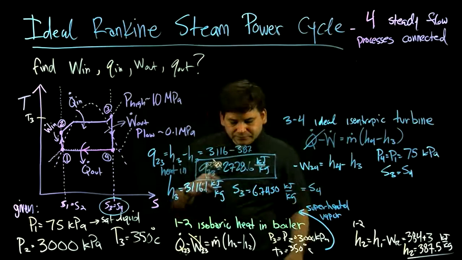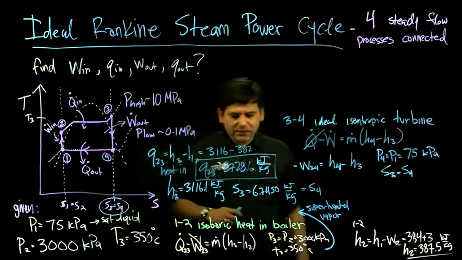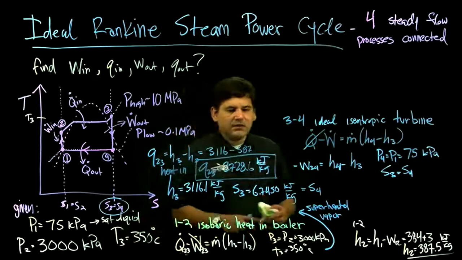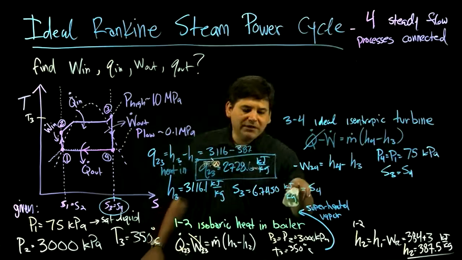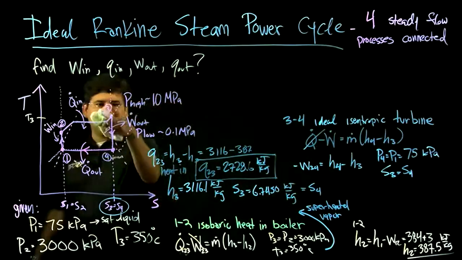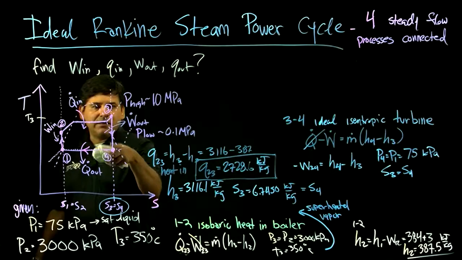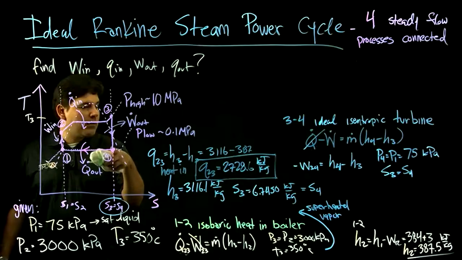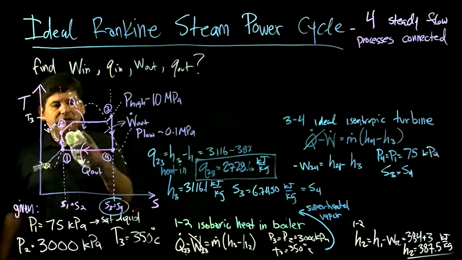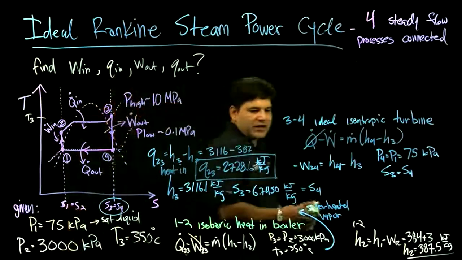So the way that we're going to use this is that's our first connection into state 4. We know that the entropy has to be the same as state 3. This value on the superheated steam table allowed us to find S3, and that has to be the same as state 4. But the difference is that S4 might be at a different state. Again, spoiler alert, typically it's within this dome here, but let's verify that.